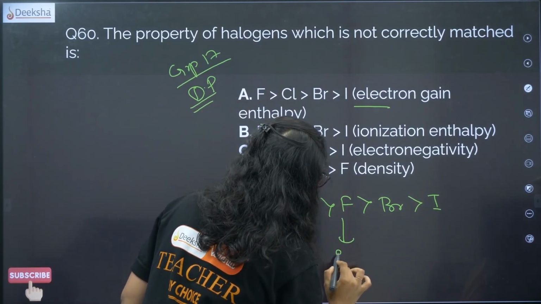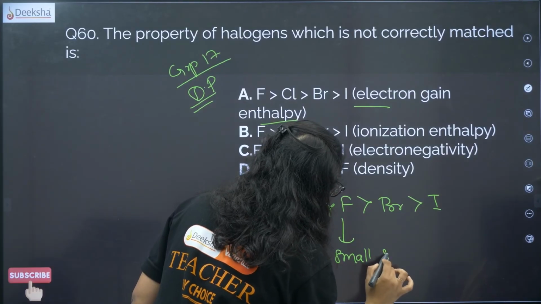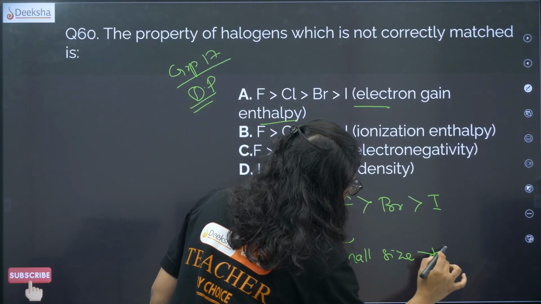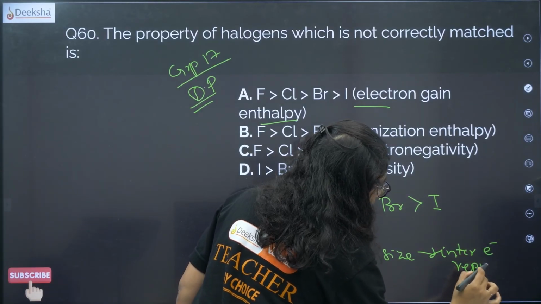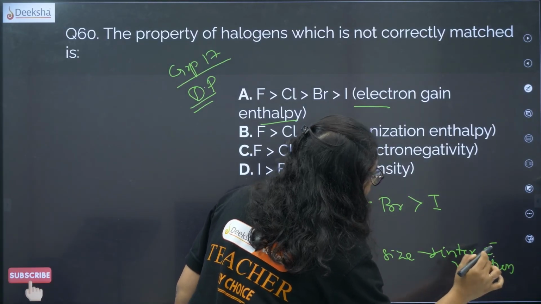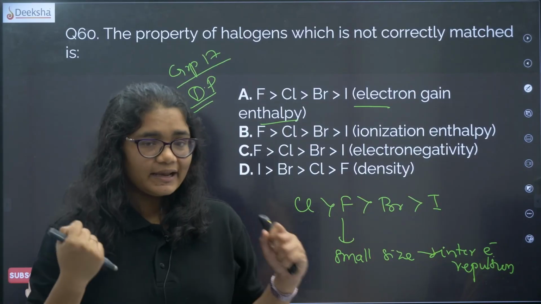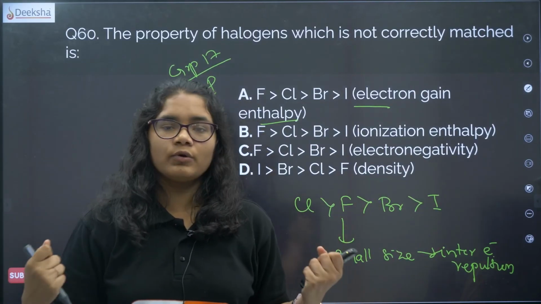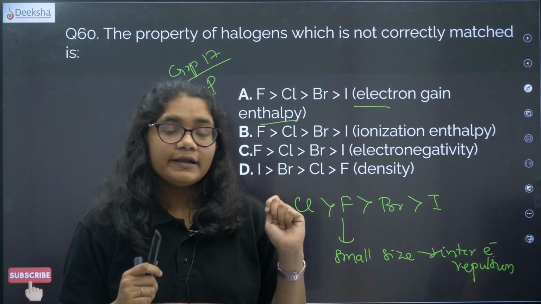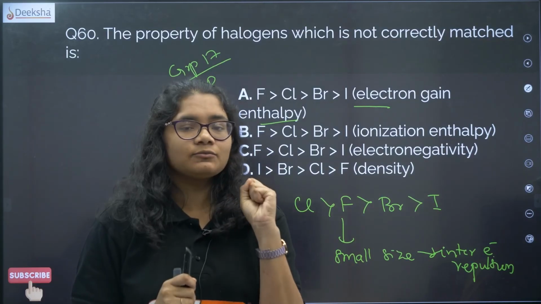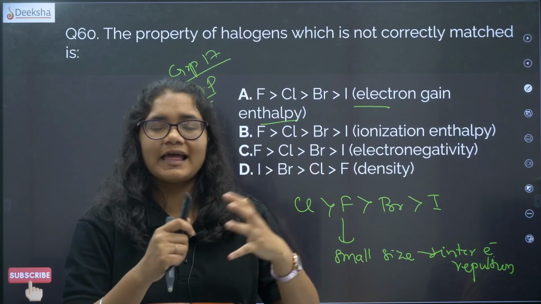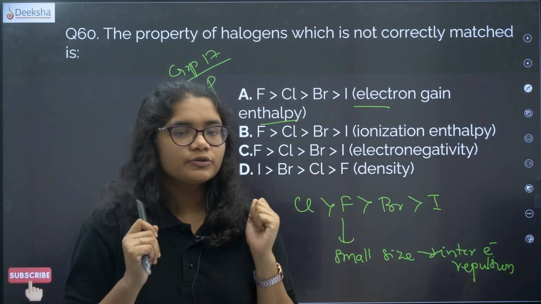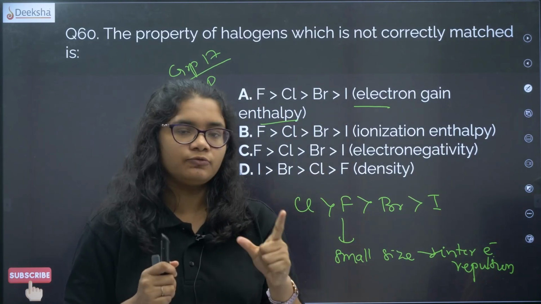That is because of the small size of fluorine, there will be inter-electron repulsion. Okay, and due to this repulsion, what happens? Fluorine, although it is very electronegative, wants to get more electrons, but it cannot get them because of its very small size. The electrons present in the fluorine and the incoming electrons will have a strong repulsion, right? So the tendency to gain electrons for fluorine is less.